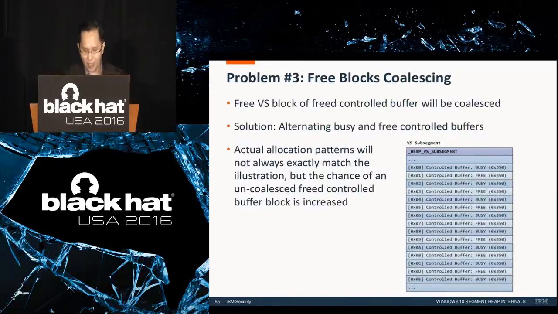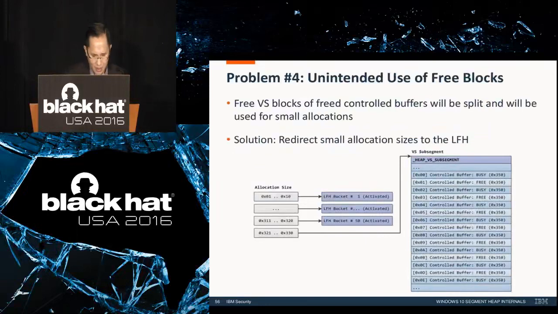Now, to solve that final problem, we just need to activate the LFH bucket for these smaller allocation sizes. So instead of the VS allocation component servicing them, the LFH component will handle the allocation requests, therefore protecting the free blocks from unintended use.